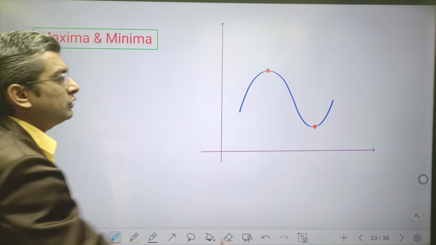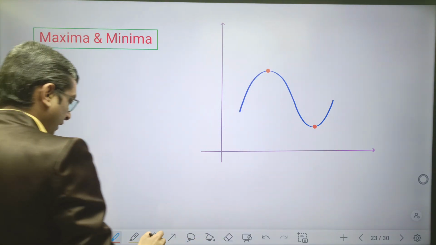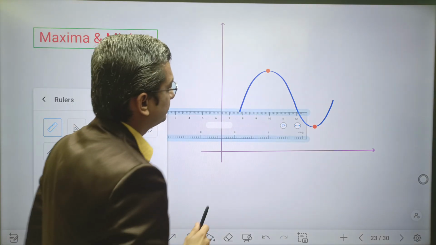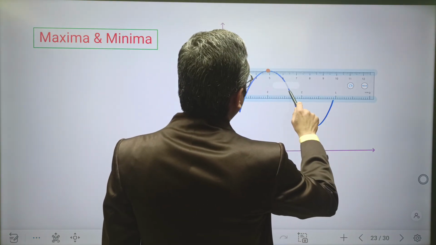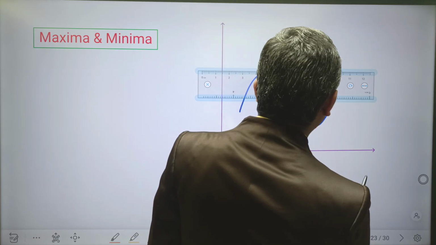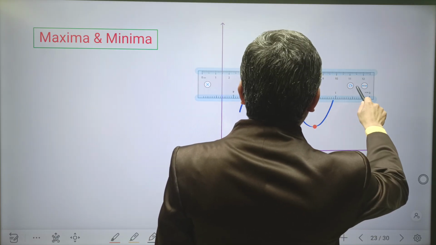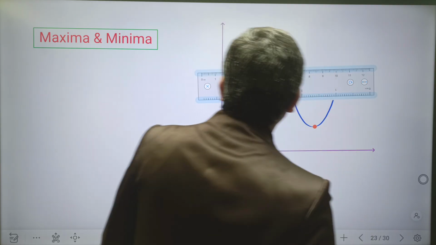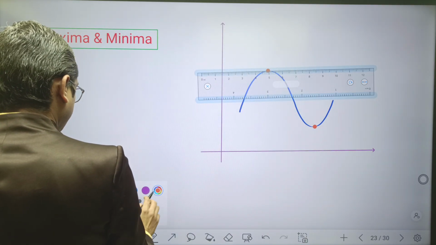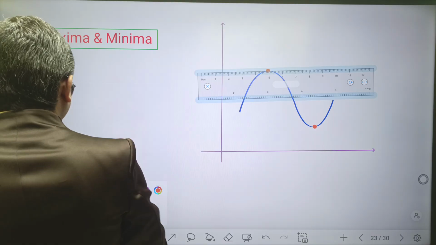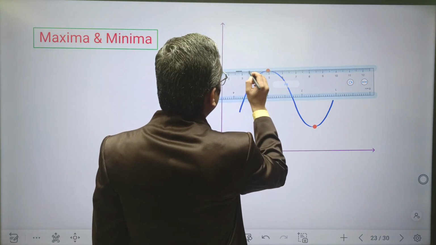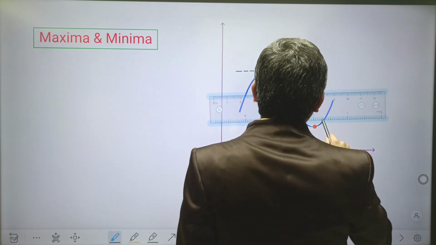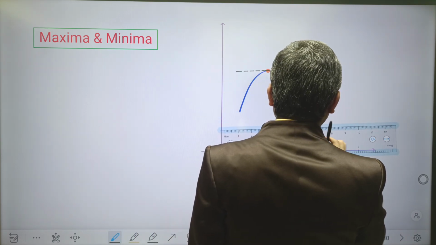So how can you find the slope at this point, that is the maximum or minimum point? What is the procedure to find slope? First we have to draw a tangent here. If I draw a tangent here, it is like this, and if I draw a tangent here, it is like this.